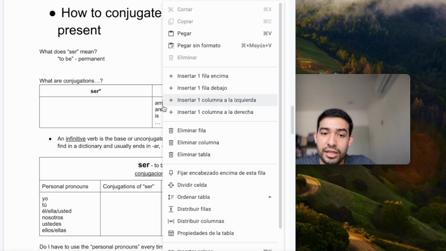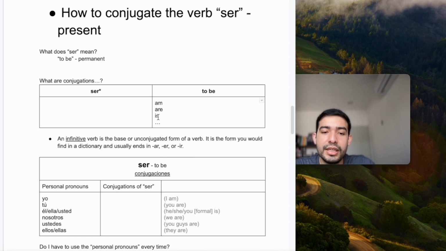You say I am, you are, he is, right? Those are the conjugations. It's not a scary word, right? It just means the changing of the verb. In Spanish, normally you just need to change the ending of the verb, right? But ser is irregular, so you will need to change a bit more than just the ending, okay?